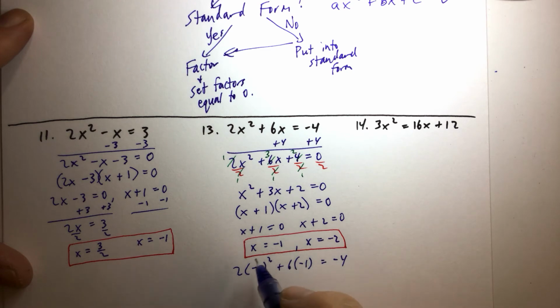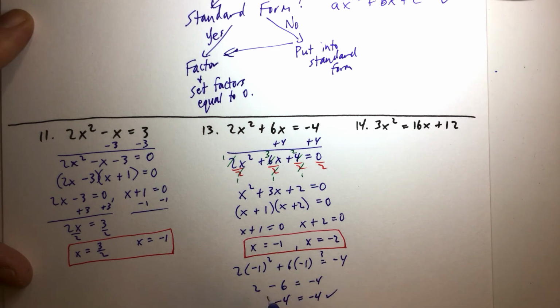We get 2 times negative 1 squared, which is 2. 6 times negative 1 is negative 6. Does that equal negative 4? Yes, negative 4 does equal negative 4.